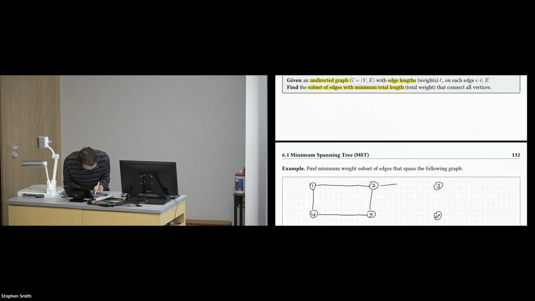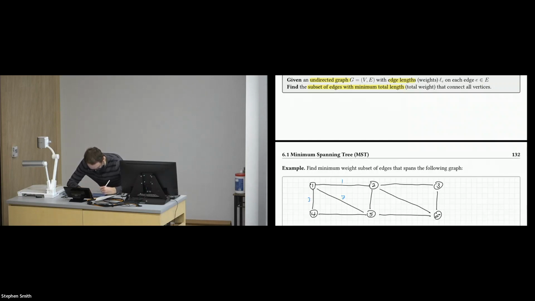Sorry. Edges, edges, and then these diagonal ones. Like that. And the lengths on the edges, I'll draw them in blue. So it's 3, 1, 7, 1, 2, 5, 3, 5, 4.